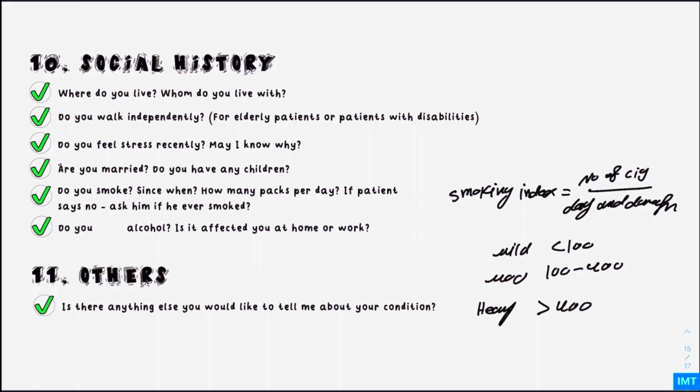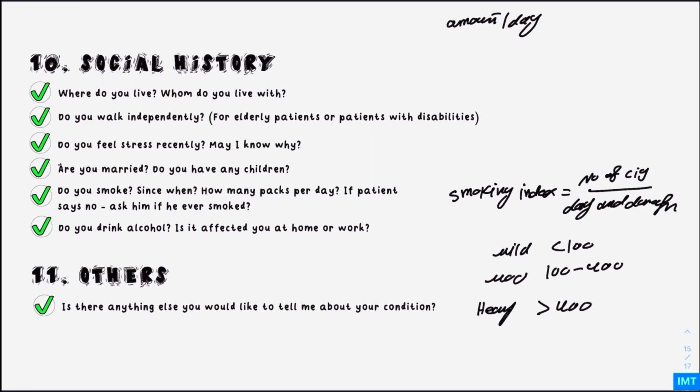Next, we talk about alcohol, okay? About alcohol, we should always ask the patient the amount per day.